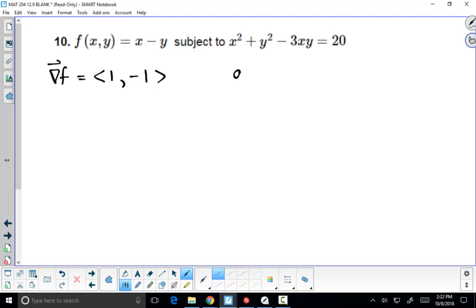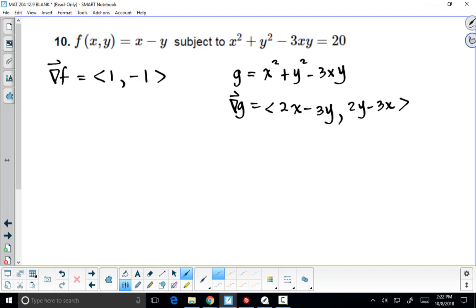And then over here, we have a constraint curve. We need a normal to that constraint curve. So what we're going to do is build a parent function that has the constraint curve as a level curve. The gradient of our parent function will be normal to the constraint curve.